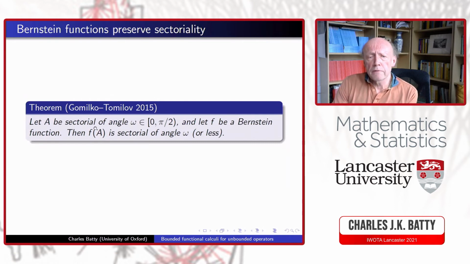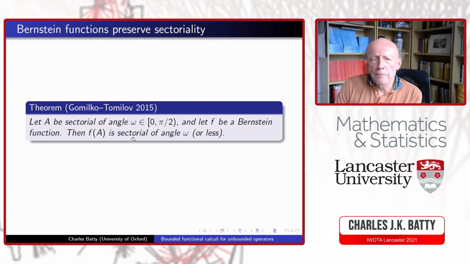If you have an operator with angle less than pi over 2, and F is a Bernstein function, then there's an operator f of A which is associated with it. And that was known to Bochner.